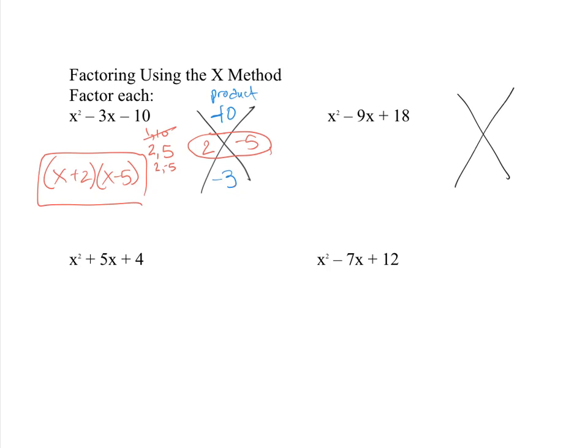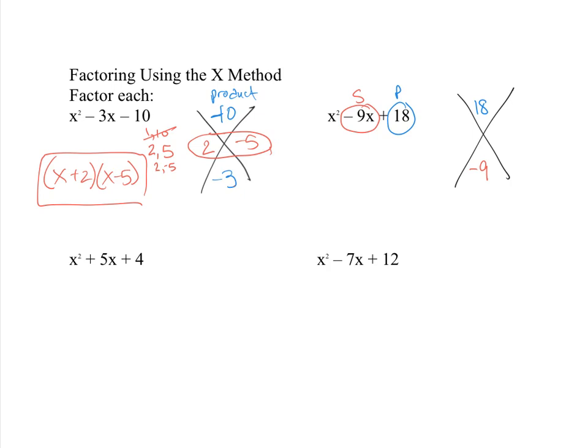Again, the product is going to be this value right here. This is the product, and then the sum will be this value. That's the sum. So let's put in the product of 18 and a sum of -9. The goal, again, is to find two numbers that multiply to be 18, but then add up to be -9. So let's go through the process, and we'll choose some numbers here.